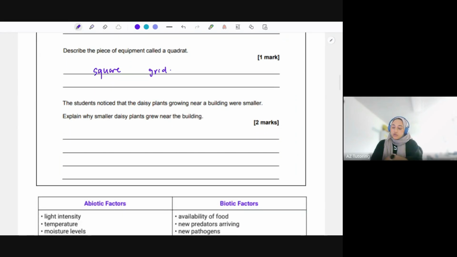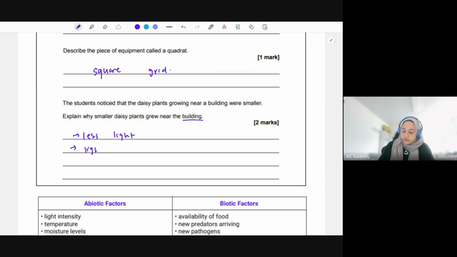Okay, so the students noticed that the daisy plants growing near a building were smaller. Explain why smaller daisy plants grew near the building. So in the context of this question, why would daisy plants be smaller near a building? What is happening near the building? Well, if there's plants near a building, that means they're going to get less light. And if they're getting less light, what's light needed for?